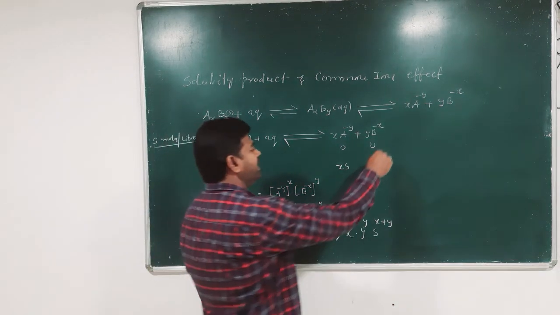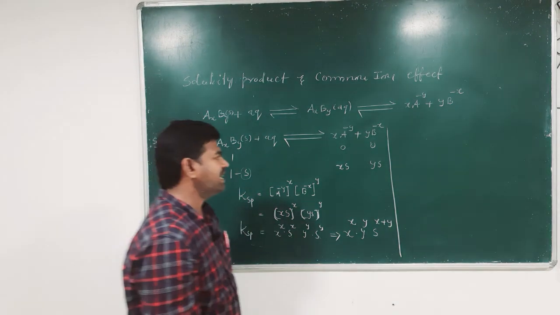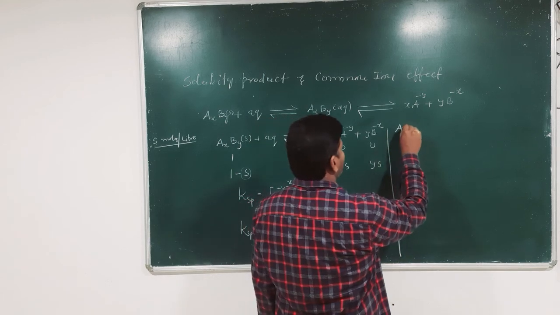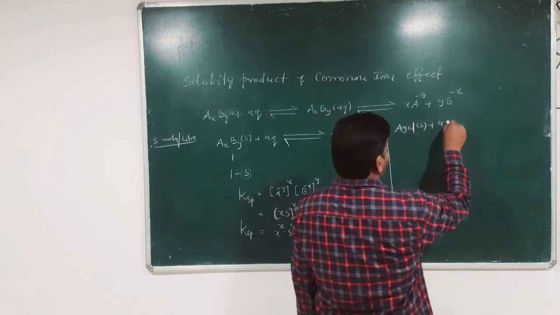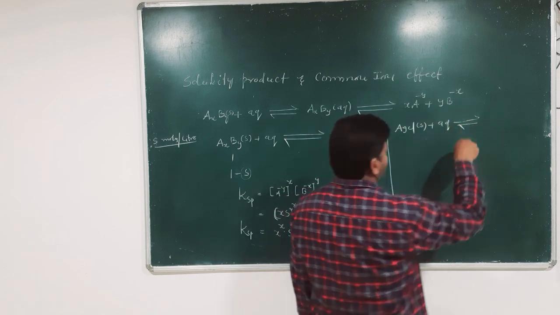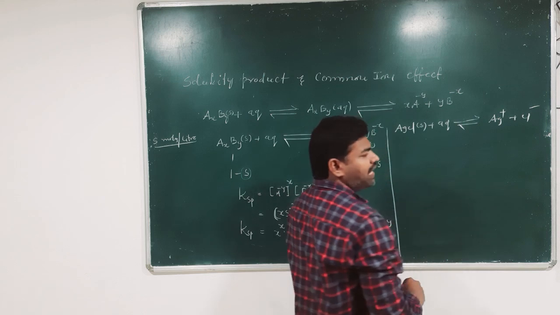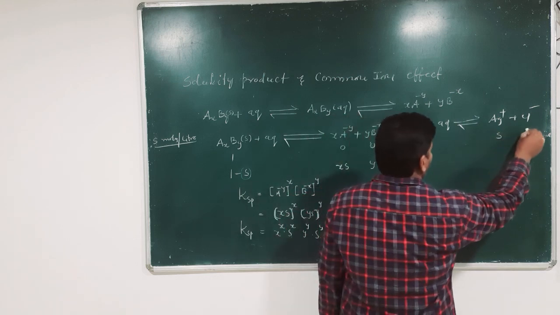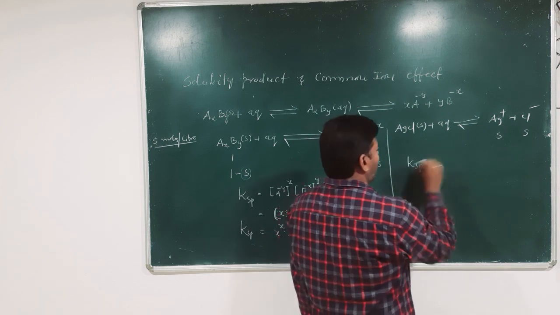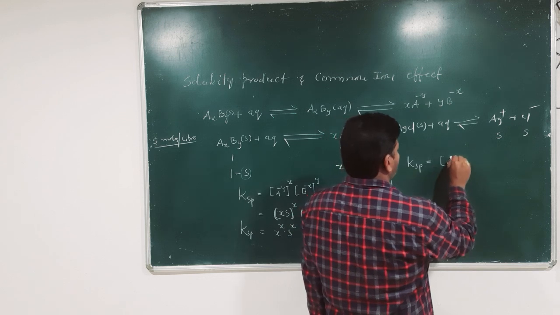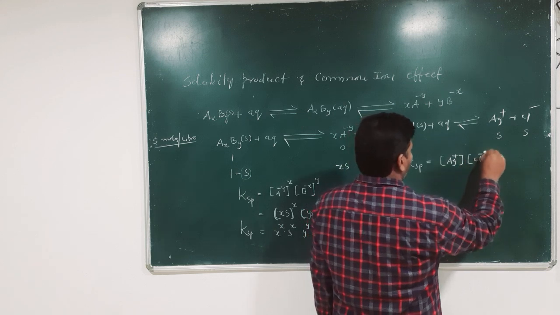Now, we shall write the solubility products of different salts. For example, take AgCl. It is a solid, and when dissolved in aqueous media, it establishes an equilibrium and dissociates as Ag+ and Cl-, whose equilibrium concentrations are S and S. Ksp is the ionic concentrations raised to suitable powers.